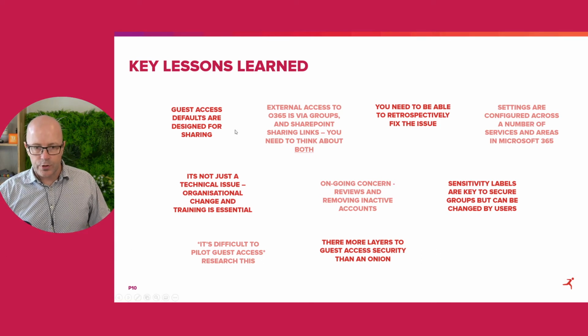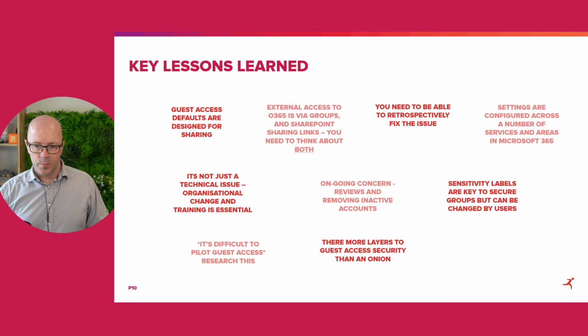We do want to draw your attention also to the fact that this is not just a technical problem. I briefly mentioned the need for training, for good communication around these changes and how we can use guest access. So it is an organizational change, and it is important to get that across with good adoption and change management. We have also learned that sensitivity labels are going to be pivotal to this solution, and it has come a long way.